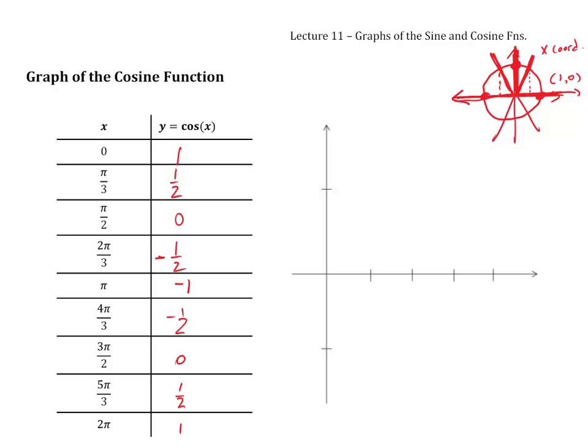So let's look at this picture. If this is -1 and this is +1 on my y-axis, and on my x-axis we go out to 2 pi, then halfway between 0 and pi is pi over 2, and halfway between pi and 2 pi is 3 pi over 2. At 0, my height is 1, so I'm up here at this point.